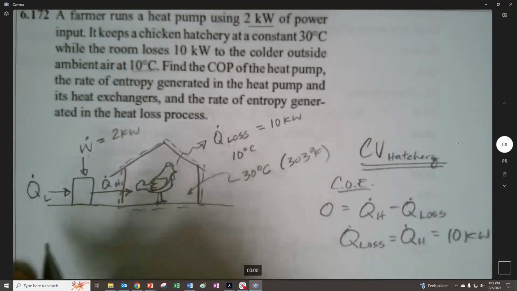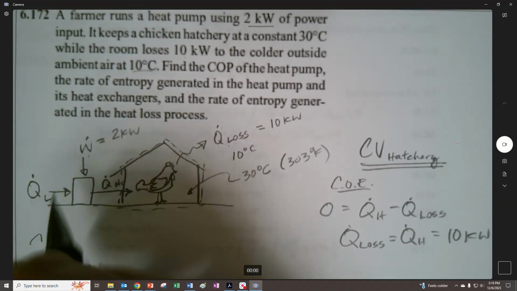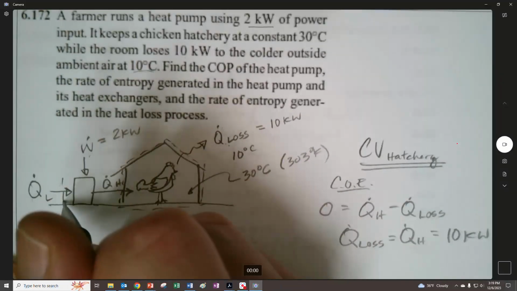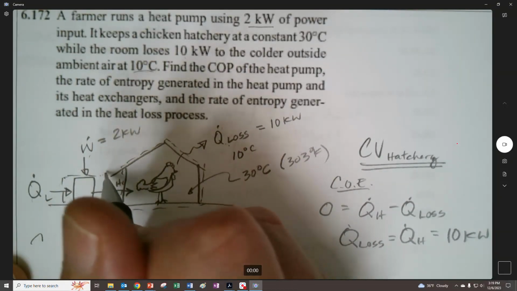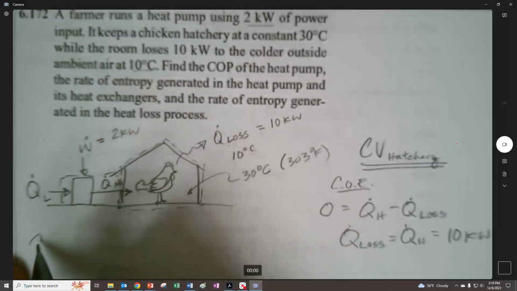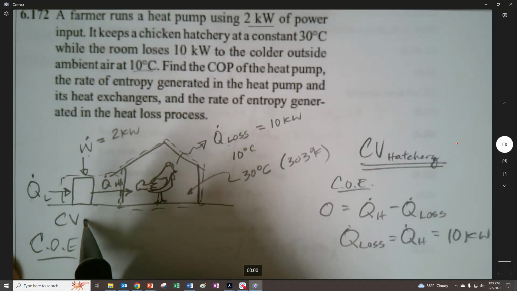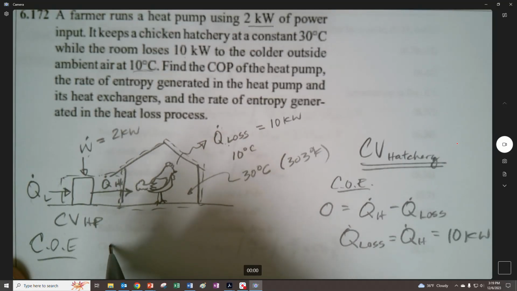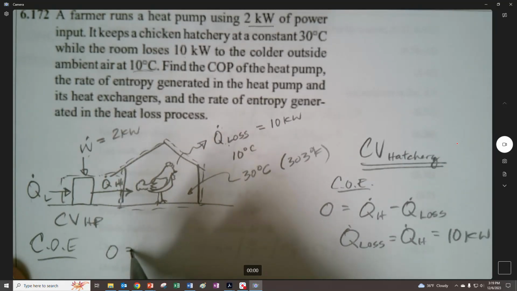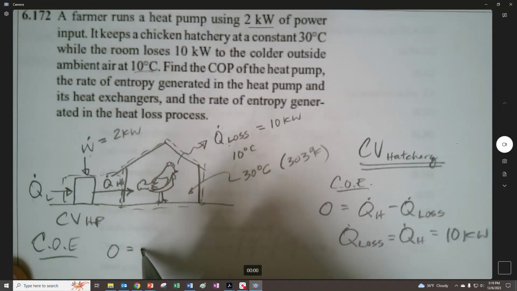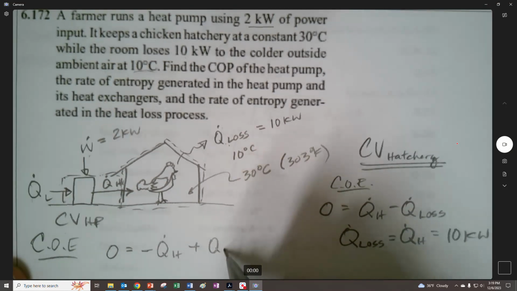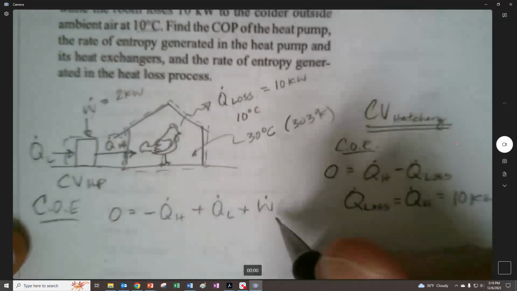So if you want to go to the heat pump, we could do a conservation of energy on the heat pump. I'll put the boundary right here. So this is the control volume for the heat pump, HP. We have 0 equal to negative Q dot H plus Q dot L plus W dot in.